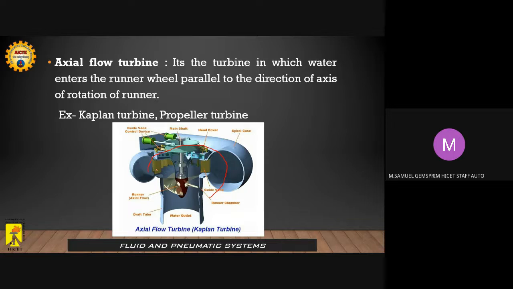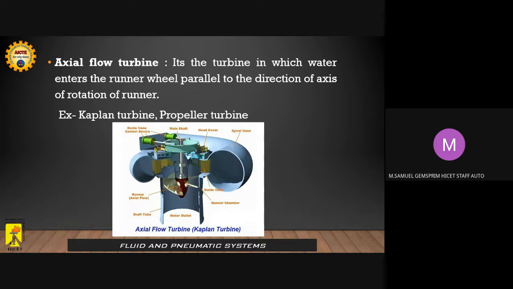But the water is flowing in the downward direction when it hits the propeller blade. So water makes contact with the rotating runner or propeller only in the axial direction.